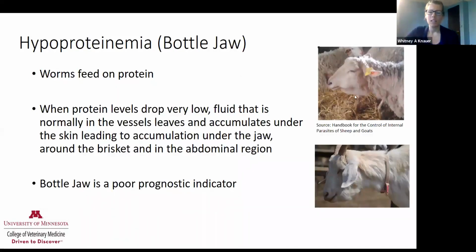So the sheep and this goat both have evidence of that. This is mostly associated with Haemonchus, and it's associated with the other two worms. And usually when animals get to this point, they don't have a good prognosis. So this is another tool where we can look at an animal and say, okay, she's got protein loss. This might be an animal that we might cull, or we might treat really, really aggressively.